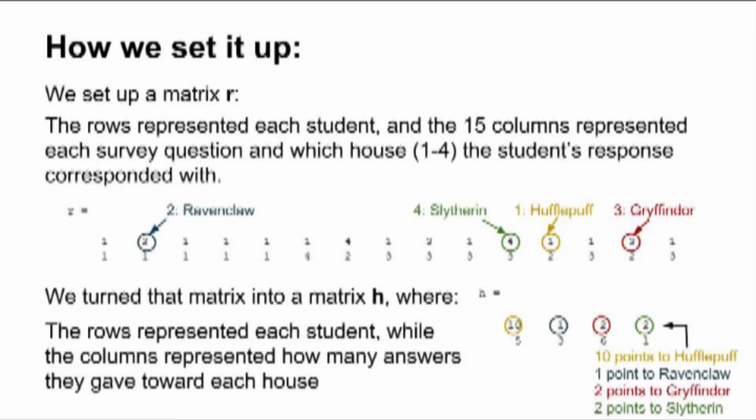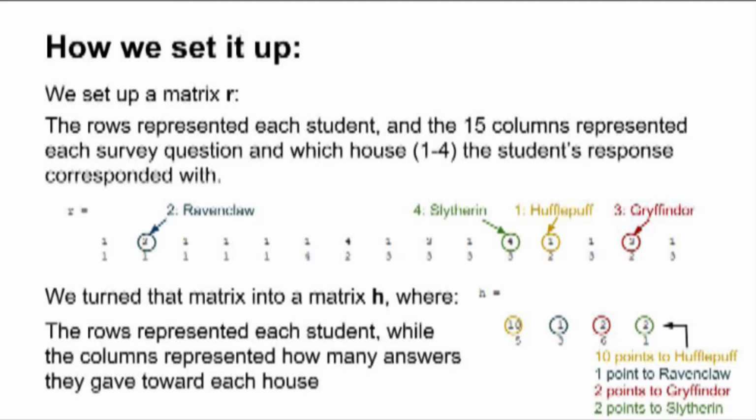Using the survey responses, we could make up a matrix R where each row represents a student and each of the numbers in these rows corresponds to the survey questions and represents which of the four houses that particular student's answer corresponds to.